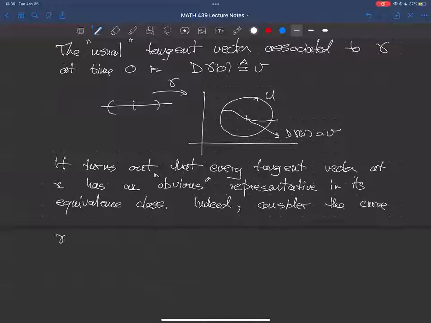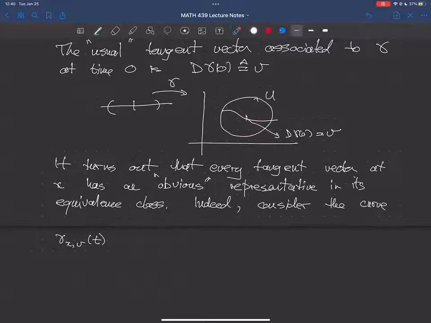And I'll call this curve gamma x comma v. Oh, sorry, not t. V. This is a curve, and so what should this curve do? It should pass through x at time 0, and it should pass through x with velocity v.